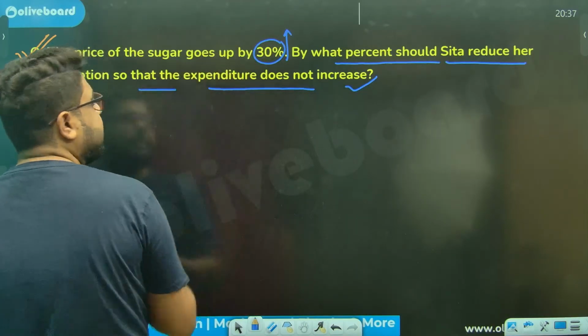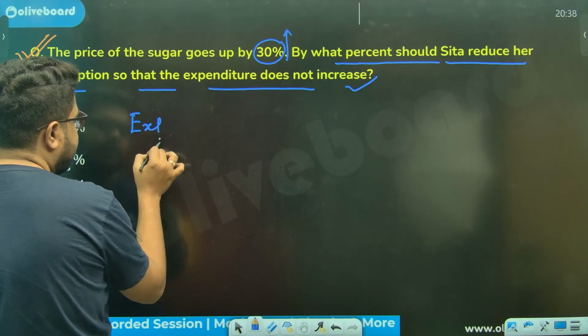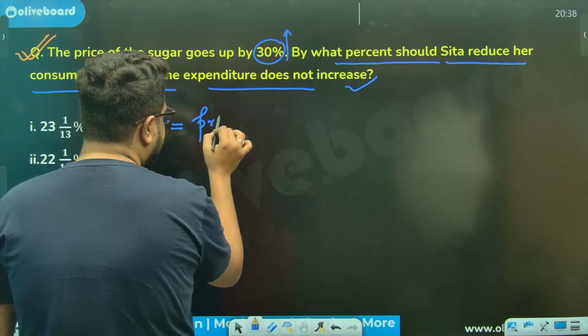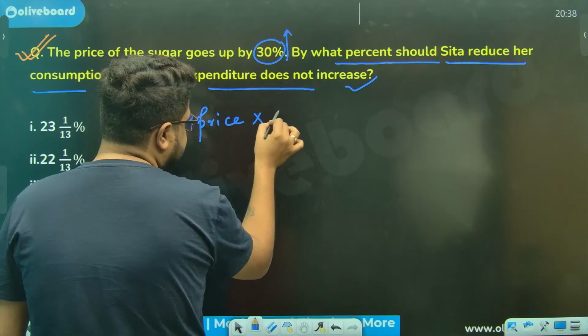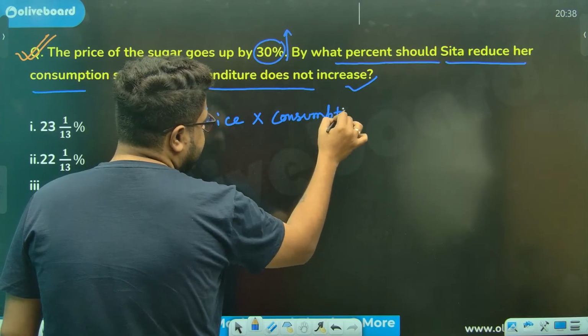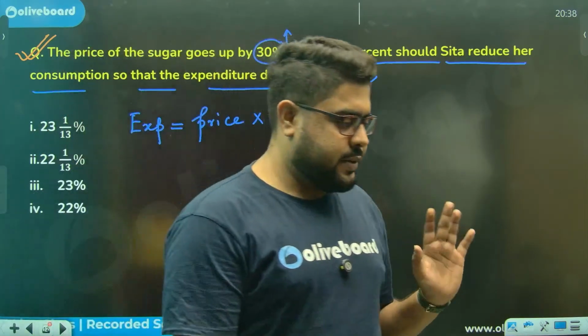Only one thing here you need to know. Expenditure is equal to price of any item into its consumption, meaning how much is the price and how much of that item I am using or consuming.